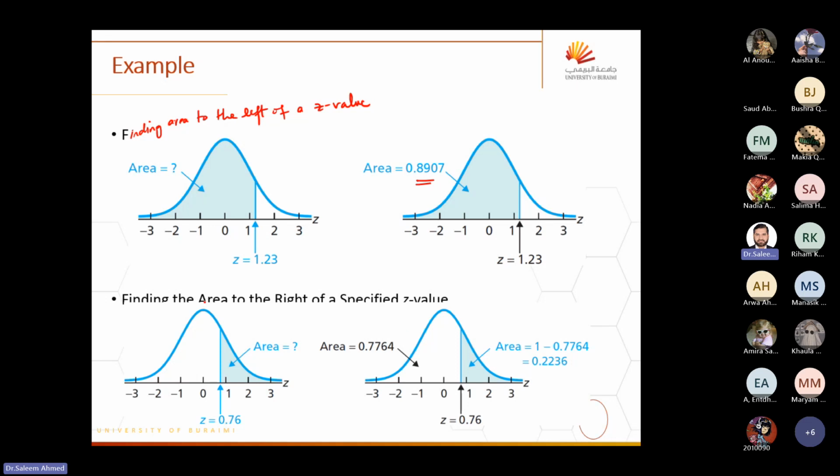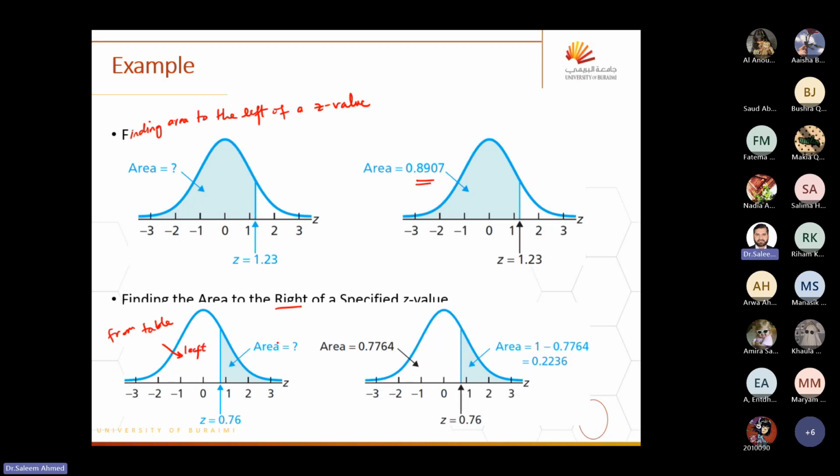What if you want to find the area to the right of a specified value? On the right side, the table does not give me this. From the table, I will get the left side only, right?